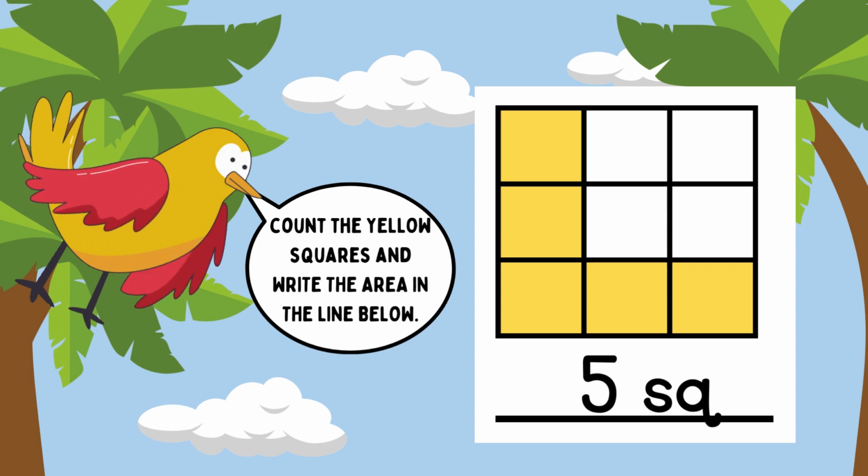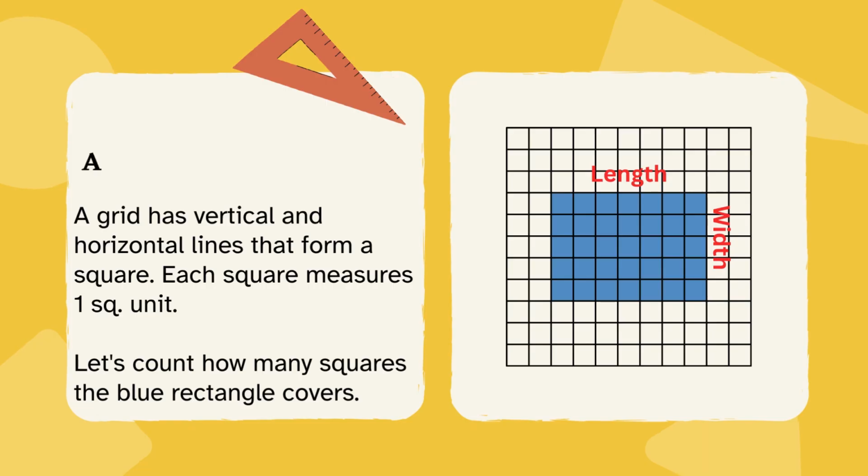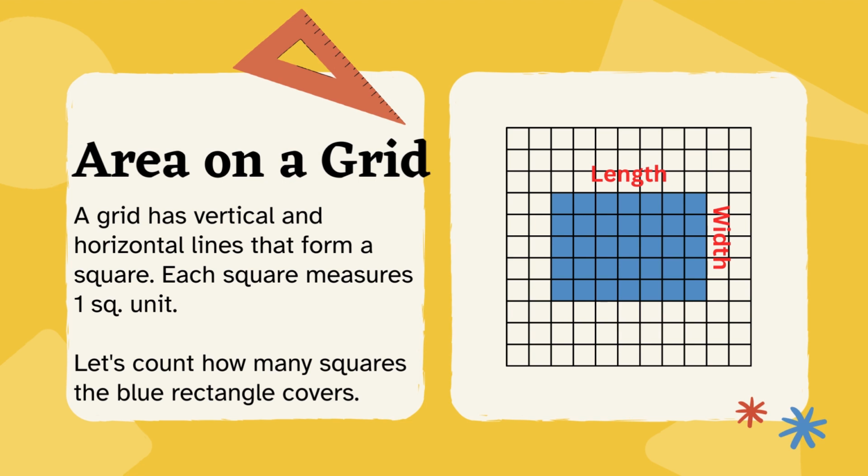Come on kids, let's discuss in detail on how to find out the area of rectangle on a grid. A grid has vertical and horizontal lines that form small squares. Each square measures 1 square unit.